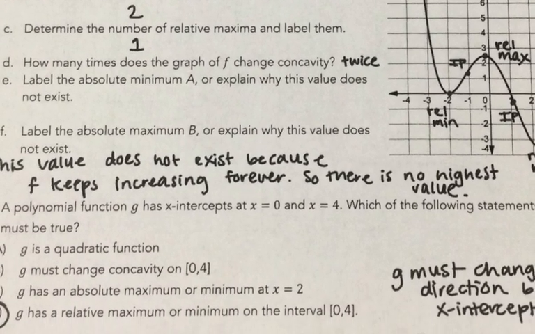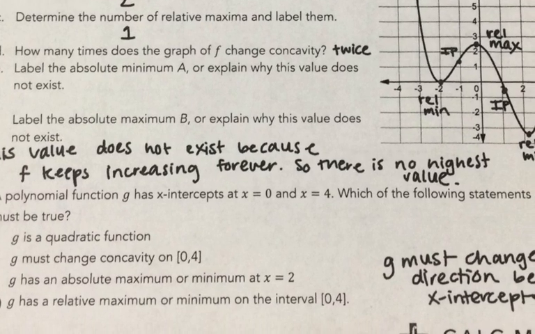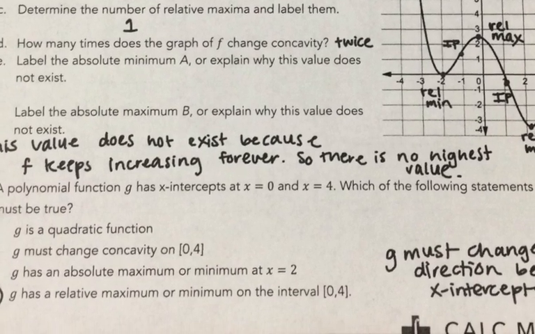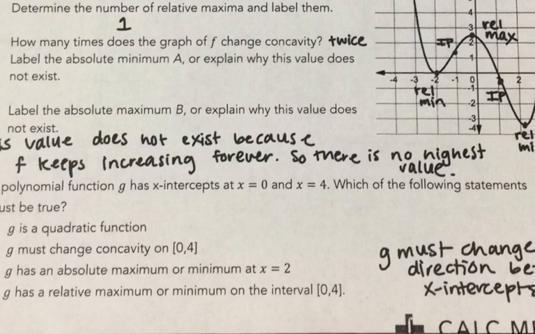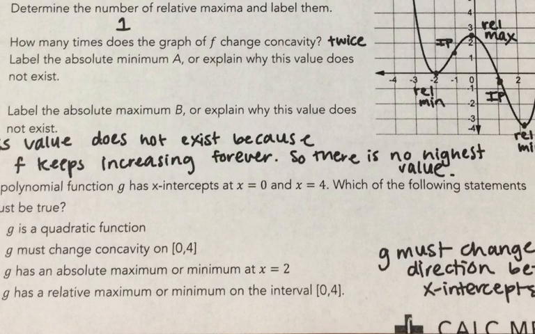3, a polynomial function g has x-intercepts at 0 and 4. Which of the following statements must be true? So A says g must be a quadratic function. That's not necessarily true.